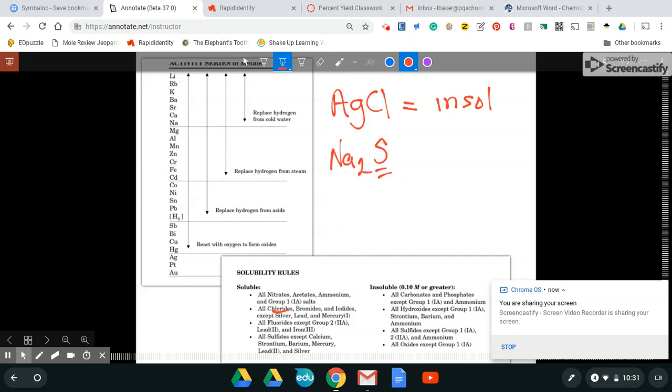Well, S is a sulfide. Notice that sulfides are on the side that are insoluble, but all sulfides are soluble if they have a group 1. So this would make that soluble. Whenever you're doing solubility, you've got to look at these soluble rules and remember your exceptions.